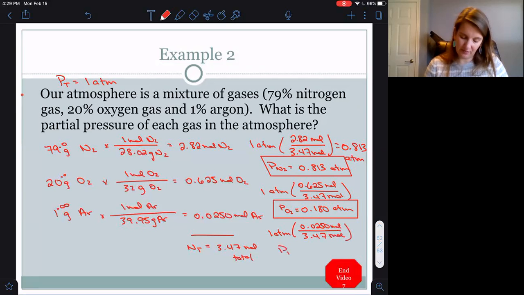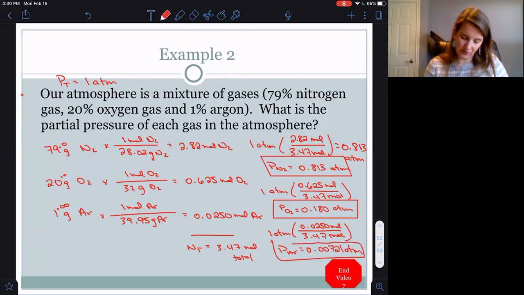So that's going to give me the partial pressure of my argon. And I will have 0.00721 atmospheres.